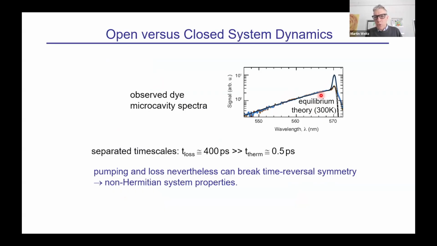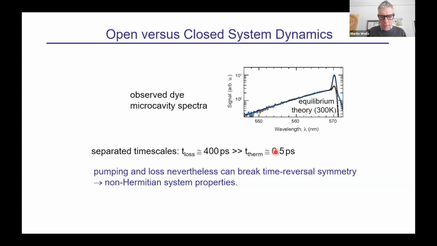And on this scale, you do not see a difference. The background is that we have separated timescales. So the loss timescale is about 3 orders of magnitude longer than the thermalization timescale.